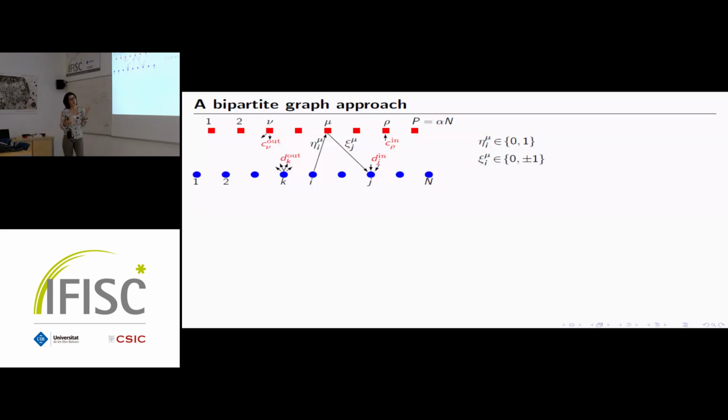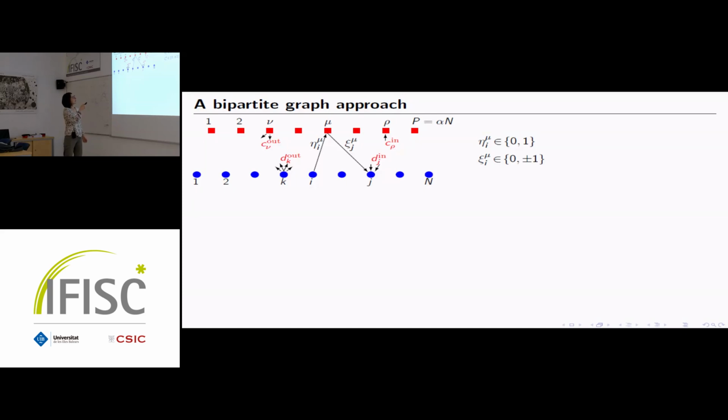I also wanted transcription factors somehow to be in the game explicitly. So I considered a model with N genes, the blue circles, and P transcription factors, which are assumed to be proportional to N. We have an arrow from i to mu if gene i codes for a protein that is part of transcription factor mu, and an arrow from mu to j if transcription factor mu regulates the expression of gene j.